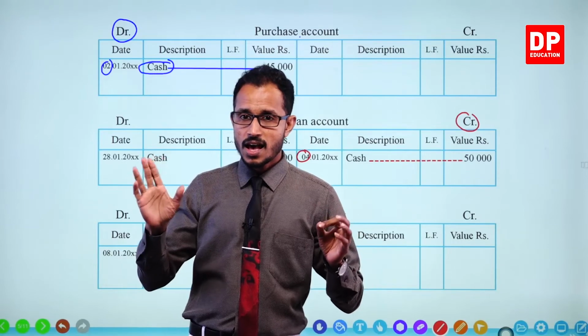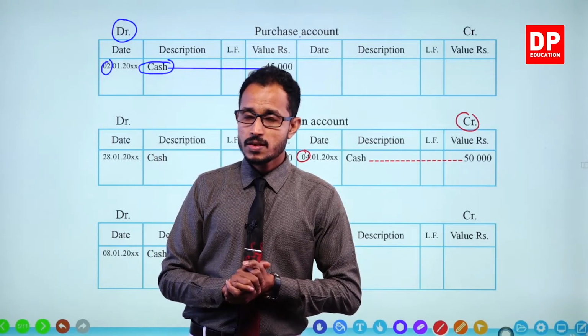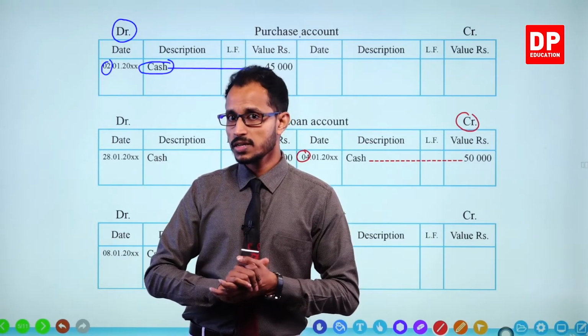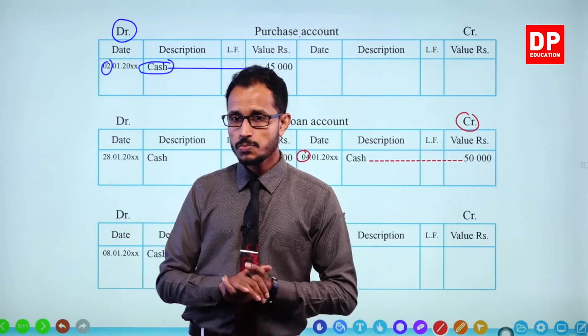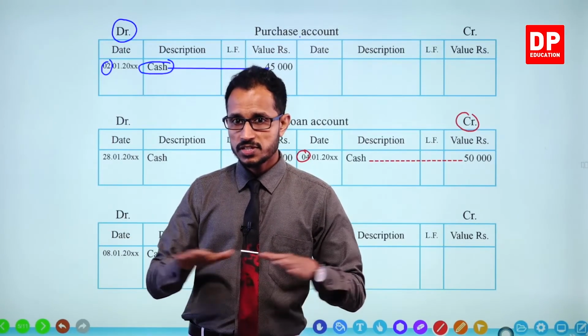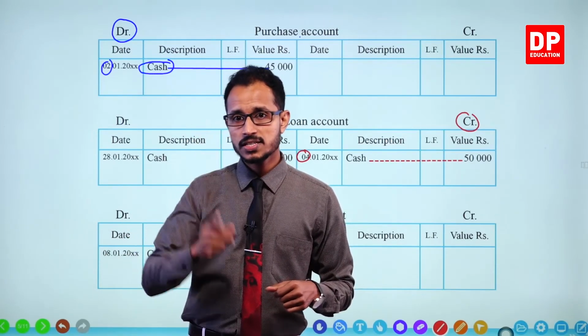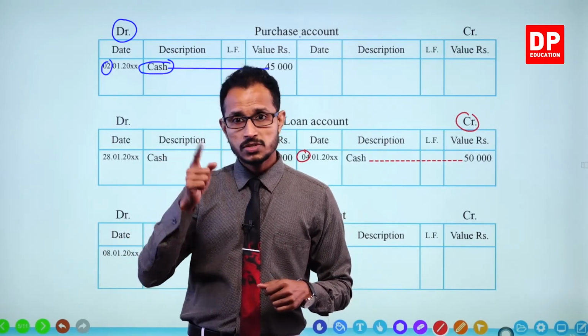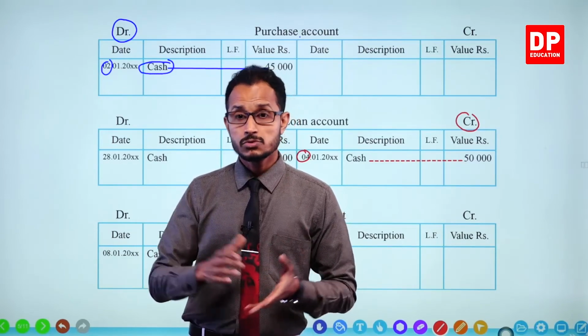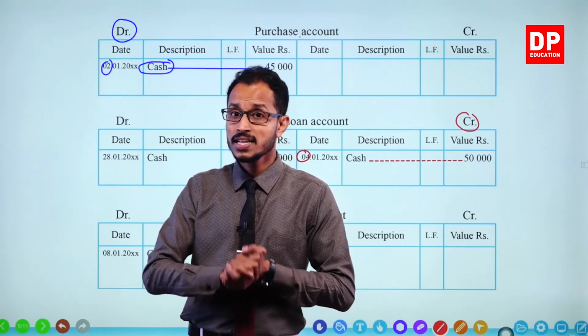I'm highly expecting that you are going to get together in the next session too, because to finish off the recording of transactions in the cash book, you must learn how to record transactions with discounts.